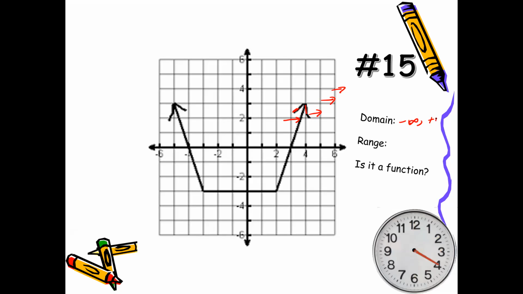So negative infinity to positive infinity, and it's parentheses because I don't know what 100 bazillion looks like, so there's no definite answer for that. Range, how far is it going to keep going up? Well, this will keep going up further and further, so I will say positive infinity. But then how low does it get to? Well, it gets to -3 and it stops, so that will be a bracket. And is it a function? Yes, it is.